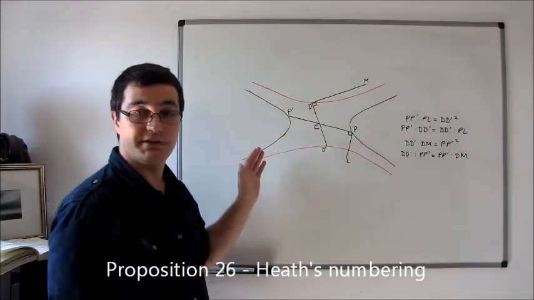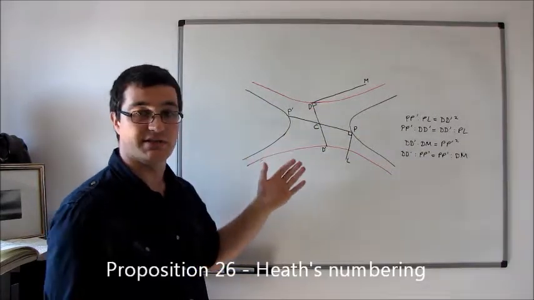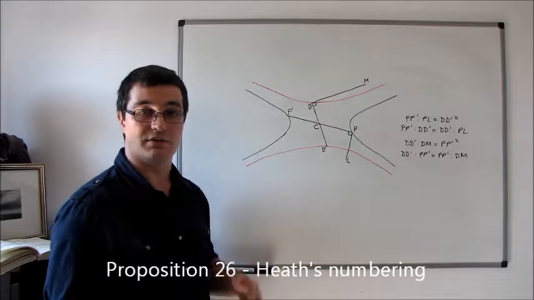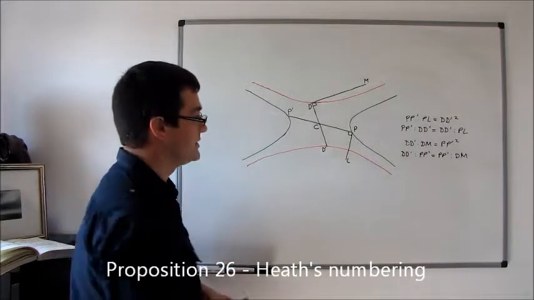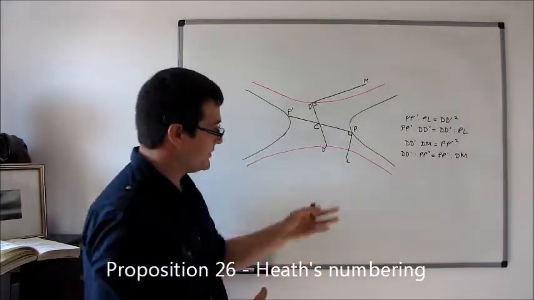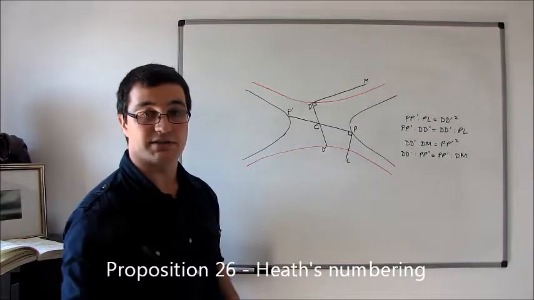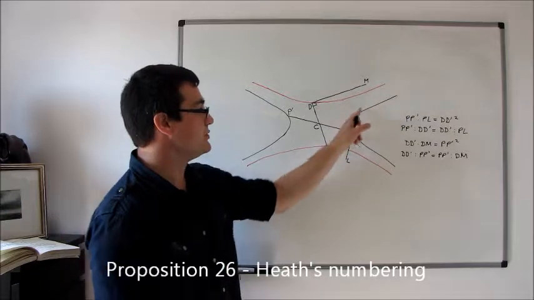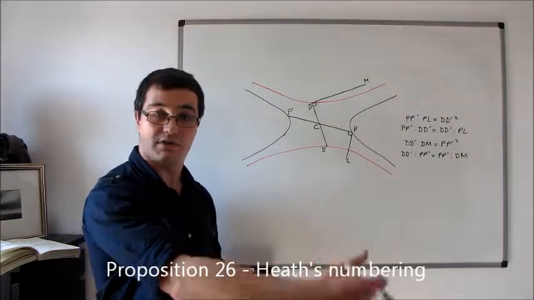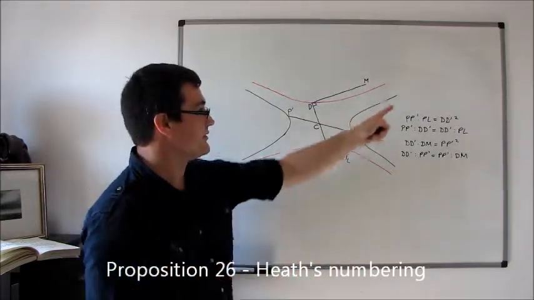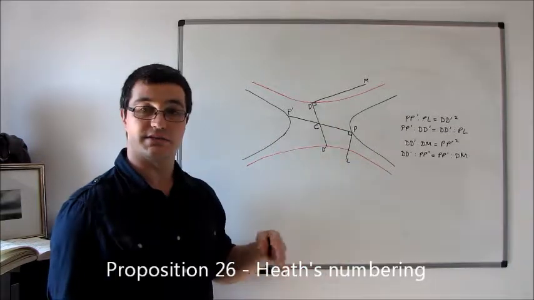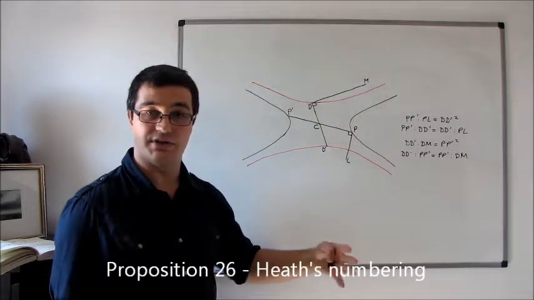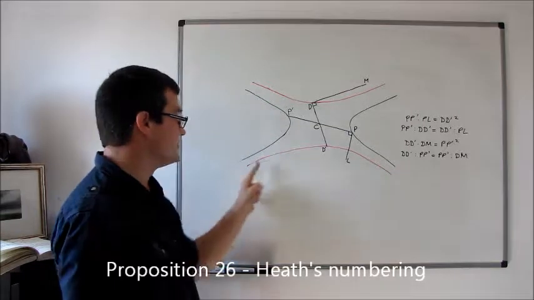Such hyperbolae as have been constructed in this proposition are called conjugate hyperbolae. So this red hyperbola here is the conjugate hyperbola to the black hyperbola, and conversely, the black hyperbola here is a conjugate hyperbola to the red one here.